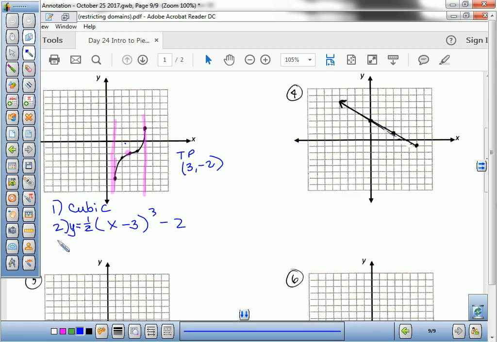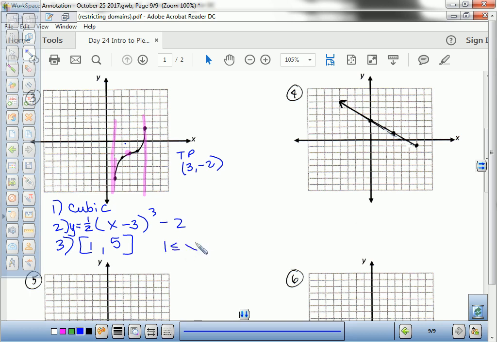So when we're really restricting the domain, and domain is our X's. Okay, so where does this one start? Starts at 1. And where does it stop? Ends at 5. Very good. Okay, so that's how it would be written as an interval. And then as an inequality, it looks like this.